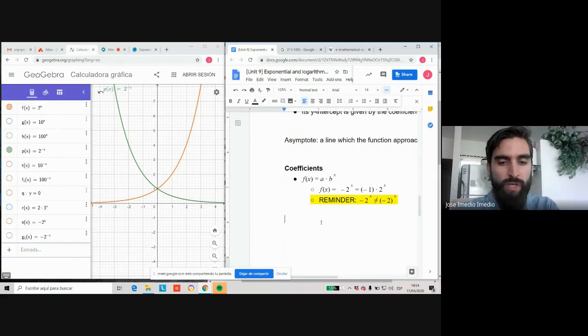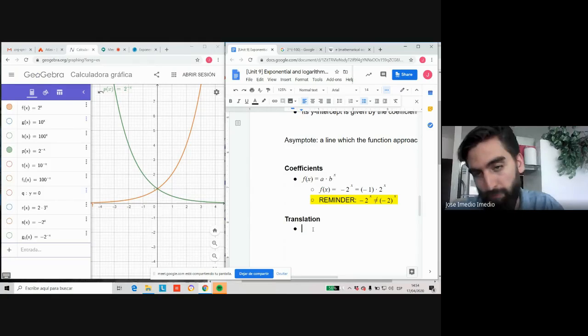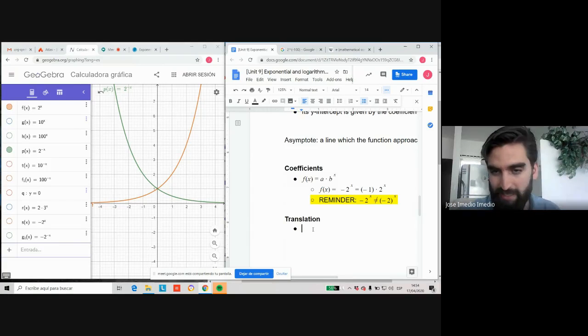So, translation here. We can translate functions. You will go deeper into this concept later, in 10th grade, 11th grade. But the important thing you need to know here, and it's going to be very helpful for those exercises in IXL and everything, are these two types of translations.